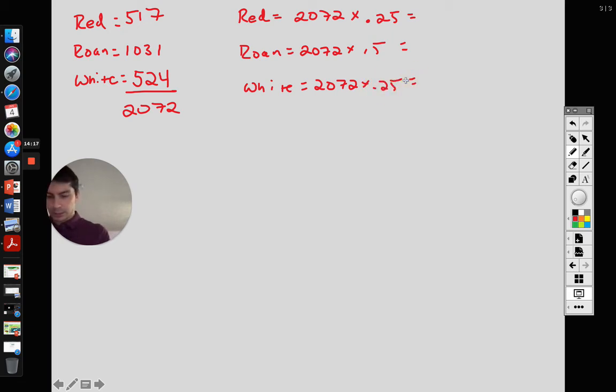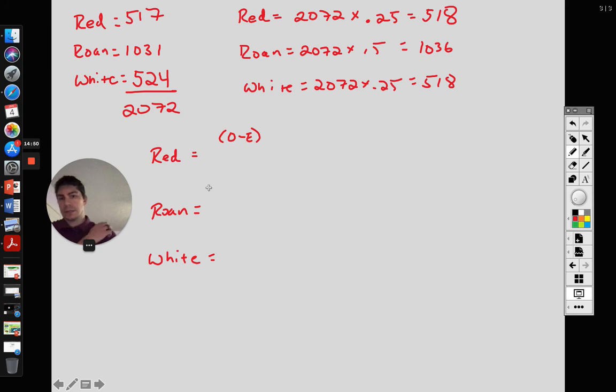So I get 518 for red, same percentage for white, so it should be the same number, and 1,036 for the roan. All right, so for red, our observed minus our expected, roan, and white.